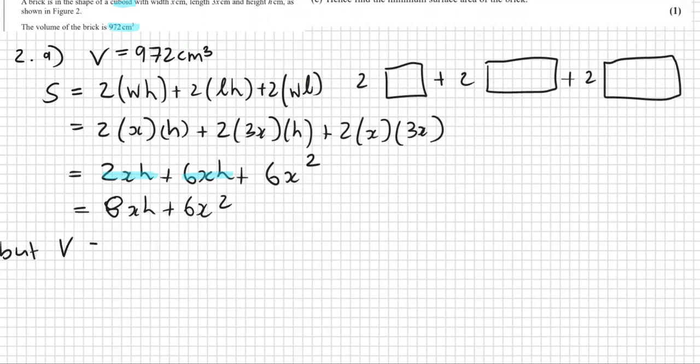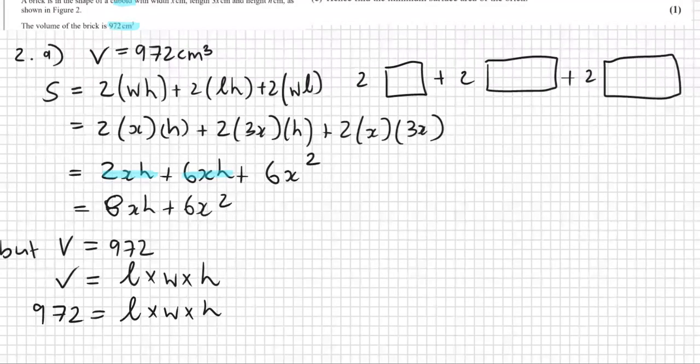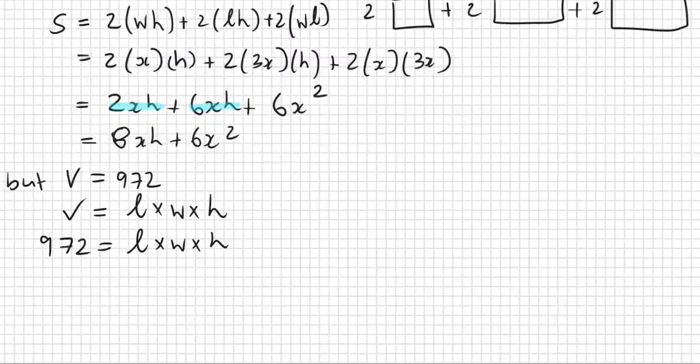We have a volume given, and our volume amount is 972, but we also know that the volume of a rectangular prism is length times width times height. And so we can equate these two. We can say 972 is equal to length times width times height. That's the volume of a rectangular prism, a cuboid.